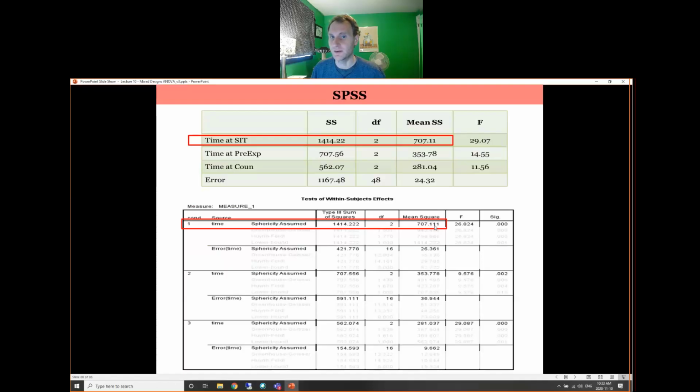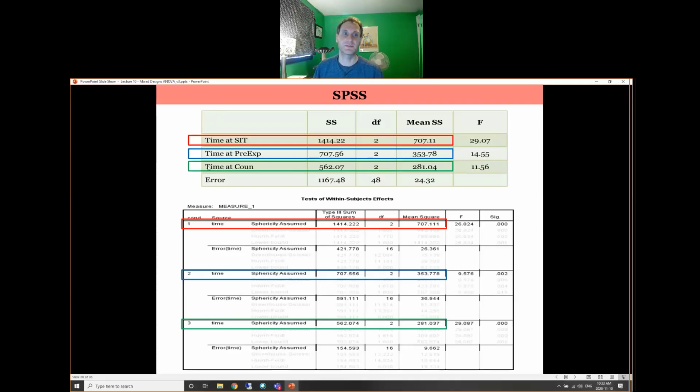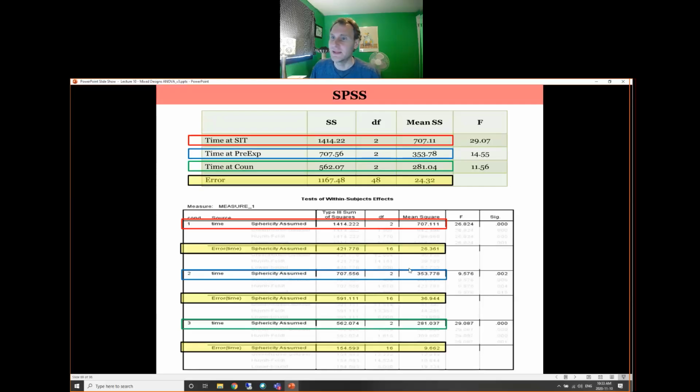And the mean square is identical for each time at SIT, time at prolonged exposure, time at counseling. So that's good. But SPSS computes this error term within each condition.